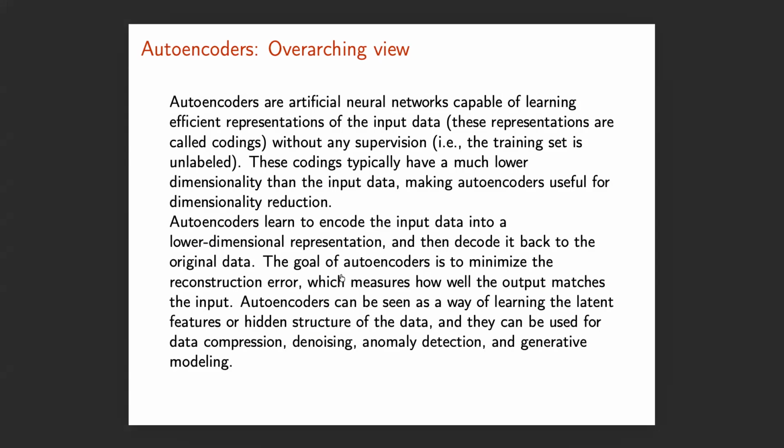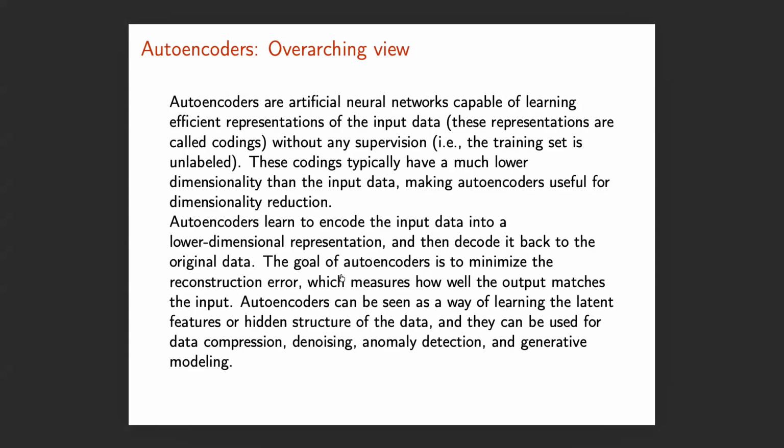So the way you can look at it is a way of learning the latent features or hidden structures of data. So when we are going to discuss the principal component analysis, that's why it's so nice to link these two. So instead of separately discussing principal component analysis and then later autoencoders, we do both, because the principal component analysis has a very nice geometrical way of viewing the dimensionality reduction.